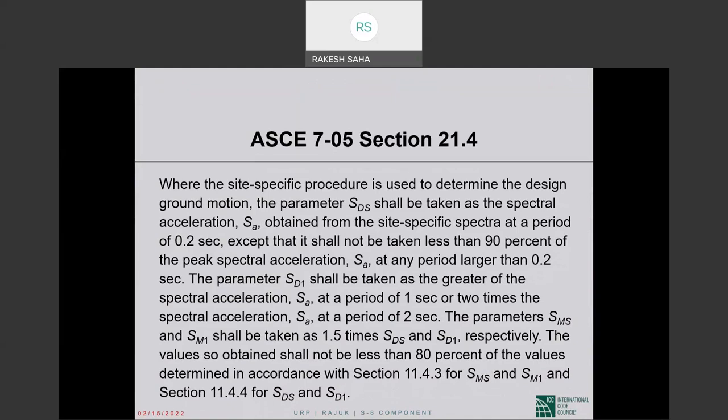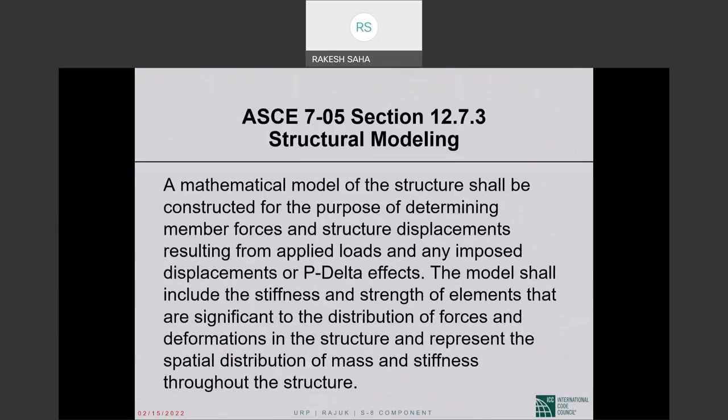When you establish a spectrum by site-specific analysis, what would be your spectral acceleration, S sub A? And how would you figure out your S sub DS and S sub D1? All of that is said in these pages that I'm not going through.